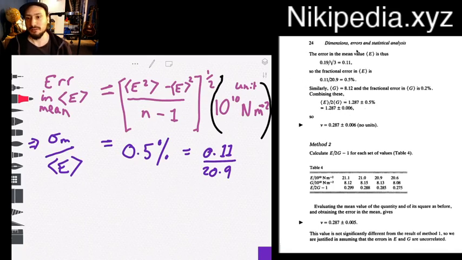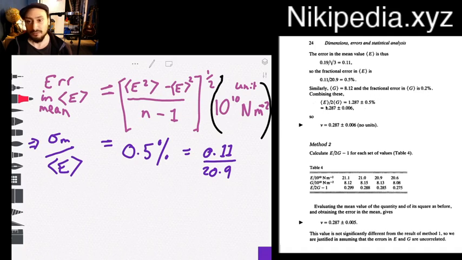Putting this all together, we get 0.19 divided by the square root of 3 equals 0.11, and we work out the fractional error, which is denoted by this symbol, and we divide it by the mean, and we come out with 0.5%. We do exactly the same method for G. The mean of G is 8.02. The fractional error on the mean is 0.2%.